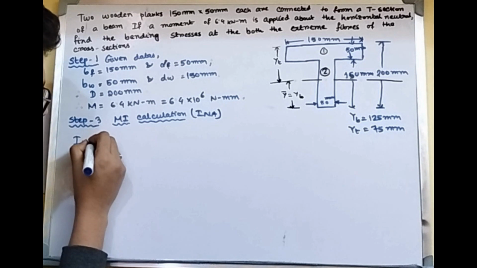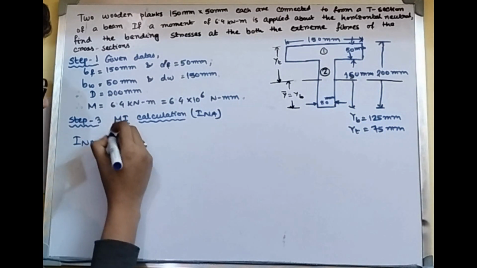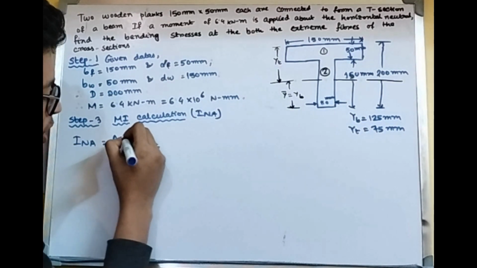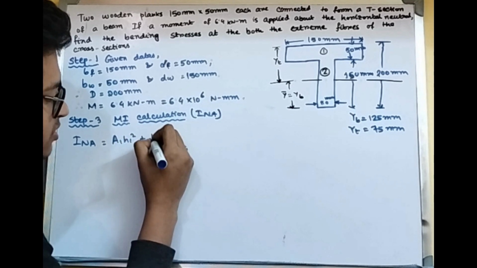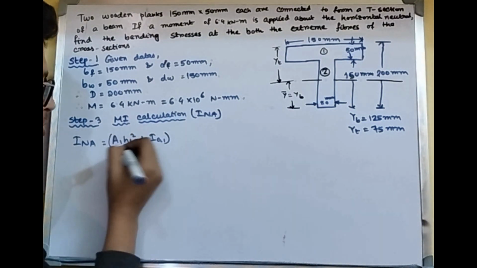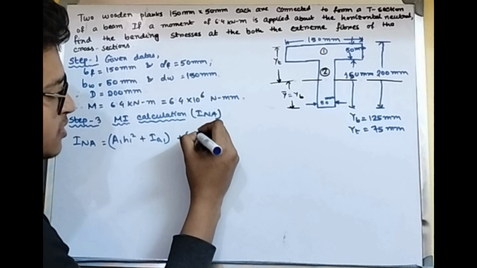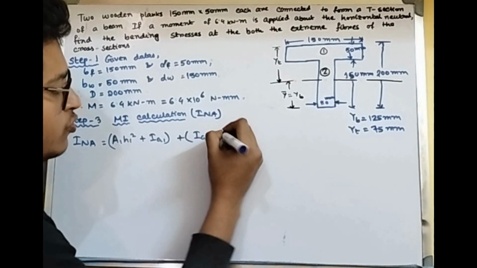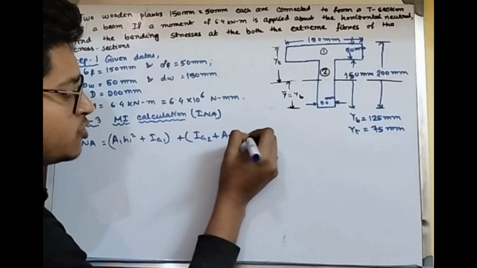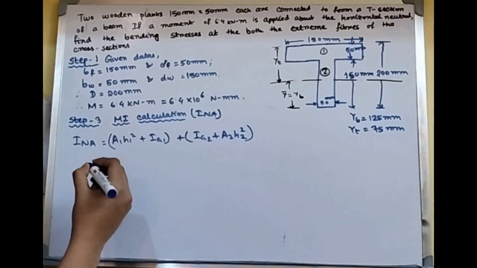I about neutral axis is equal to A1 H1 square plus IG1 plus IG2 plus A2 H2 square.